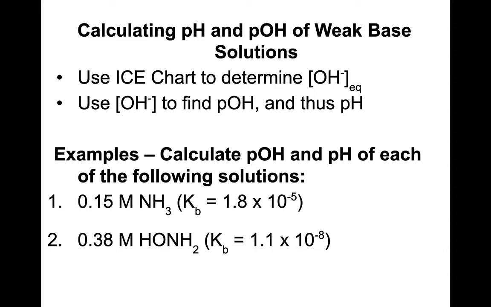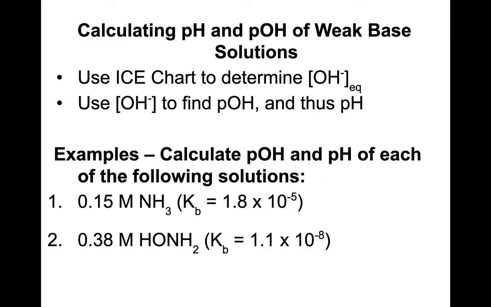Now, to review real quick the types of calculations we can do with these: if you've got your base dissociation constant, you can use an ICE table to calculate your equilibrium concentration of hydroxide ions, and then you could use that to find your pH, your pOH, your concentration of hydrogen, any of that other information.